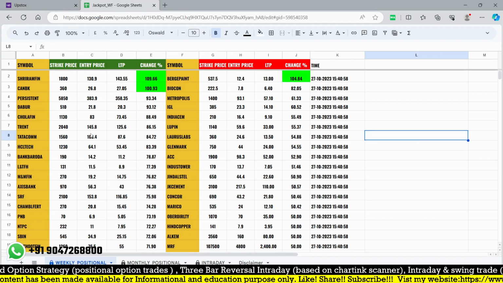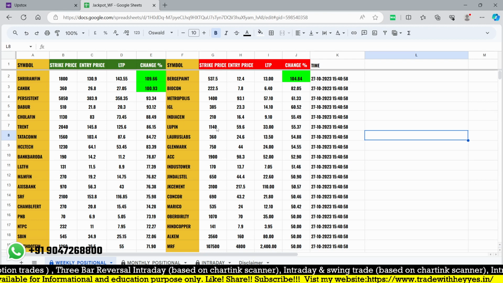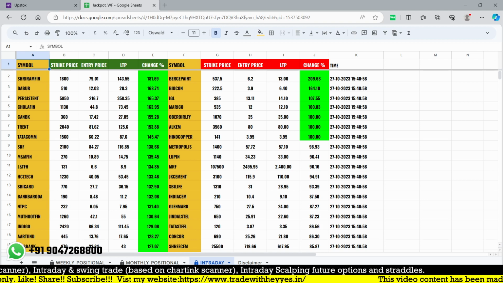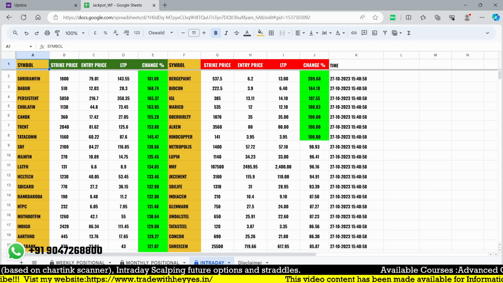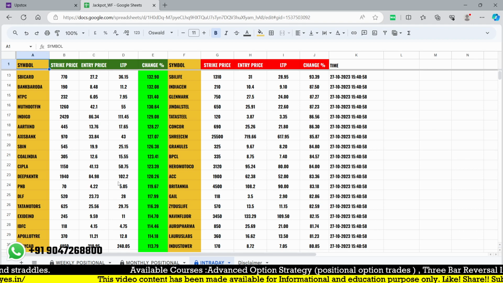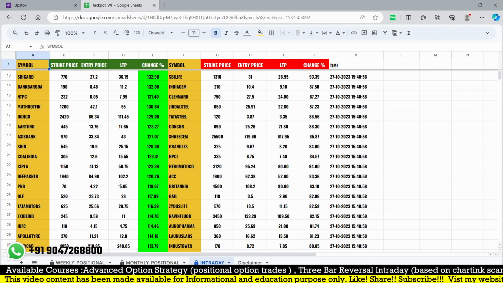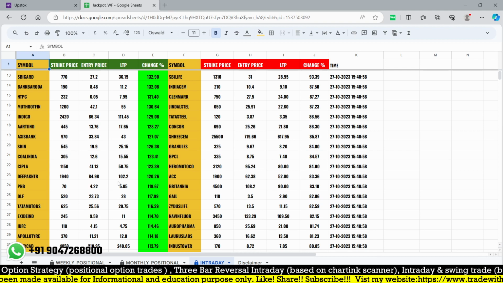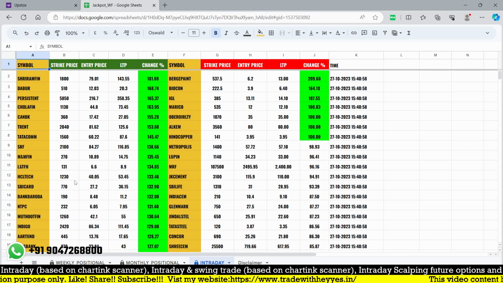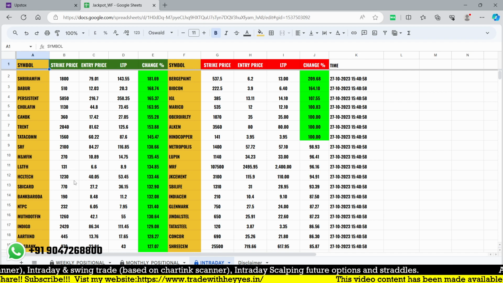The weekly sheet is going to be updated, and the monthly sheet looks the same. Okay, it's possible. So we can look at this on monthly from 1st of November, and intraday you know well already. It's a daily update sheet, and when the market opens with a gap up and a gap down, we will get a lot of stocks which trigger in the first 15 minutes. We don't want to take those. Only a fresh breakout after 9:30.